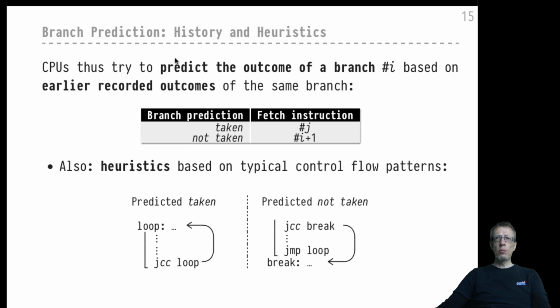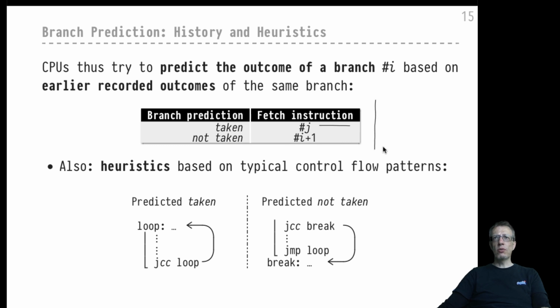So the history of the branch outcomes says this branch has always been taken, so let's fetch the instruction at the jump target J, because we try to predict the future from looking at the history. That would be the branch prediction in place here. If that branch has not been taken in the last few cycles, then we would just fall through and predict that it's okay to also fall through again this time and fetch the subsequent instruction at slot I+1. Okay, all of this, of course, might go wrong.